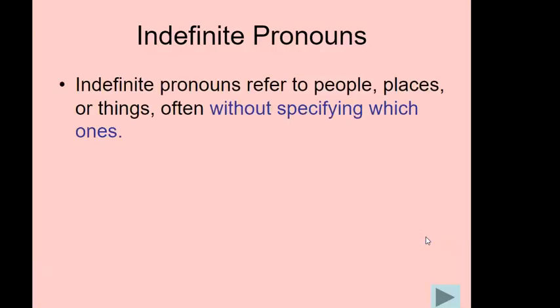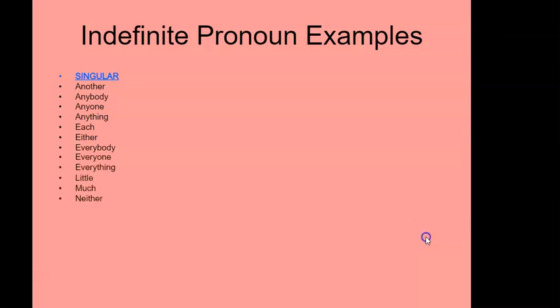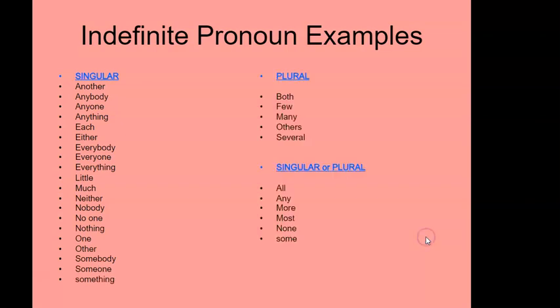Indefinite pronouns. Indefinite pronouns refer to people, places, or things, often without specifying which ones. Examples, singular forms: another, anybody, anyone, anything, each, either, everybody, everyone, everything, little, much, neither, nobody, no one, nothing, one, other, somebody, someone, something.